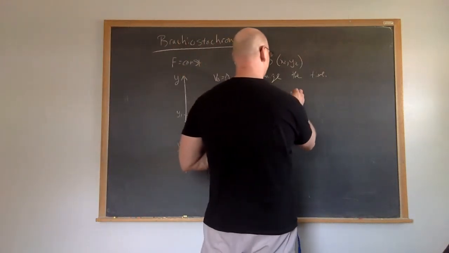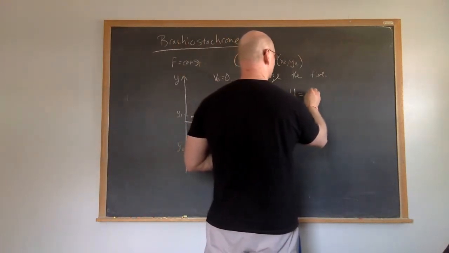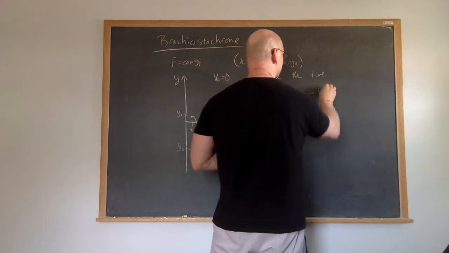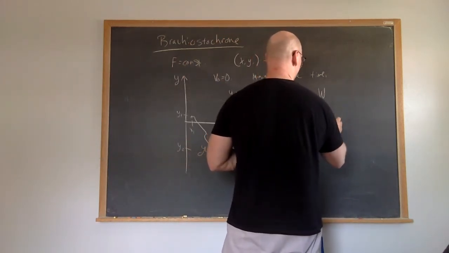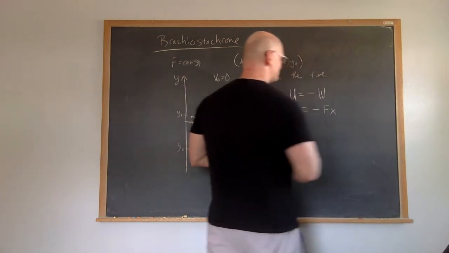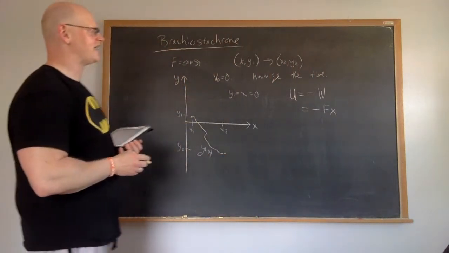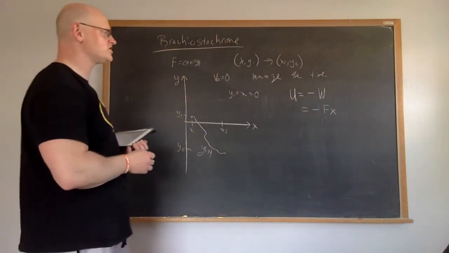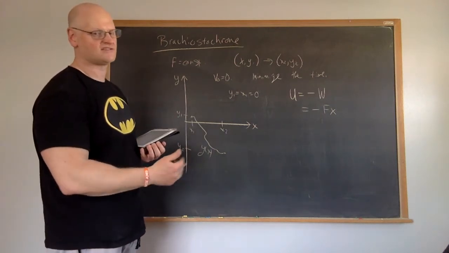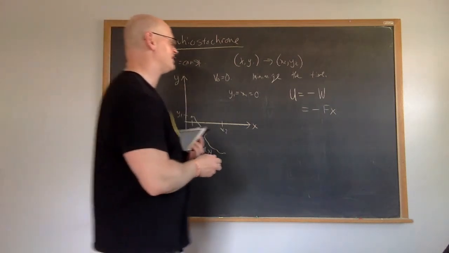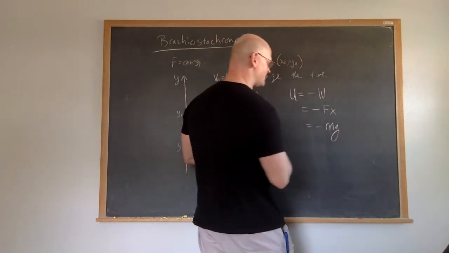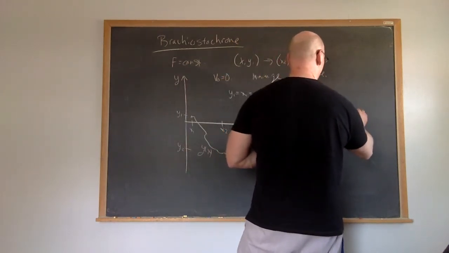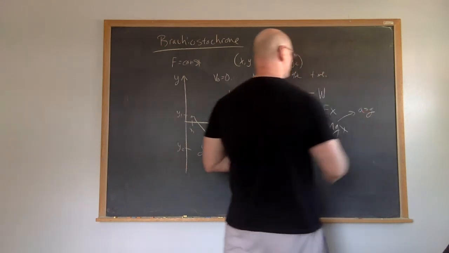And the way I can say that is that the potential energy is equal to minus the work. So the work in this case is going to be simply equal to minus the force times the distance x. So since x is equal to 0 at the origin, in this case, it has no potential energy initially. And let's say that this force is simply causing a constant acceleration, where I'm going to call g the acceleration.